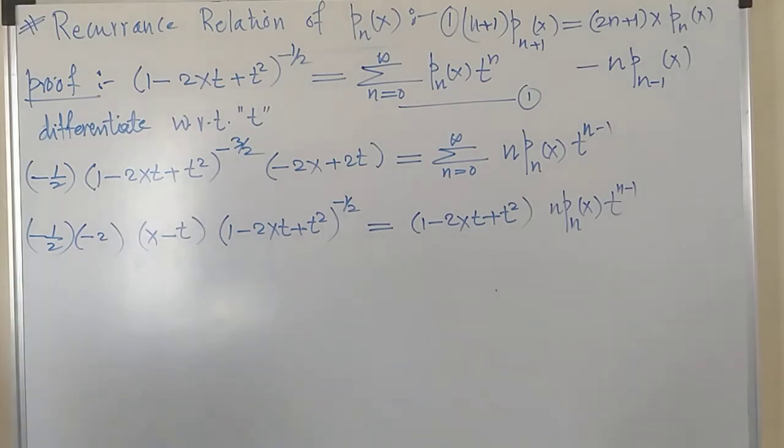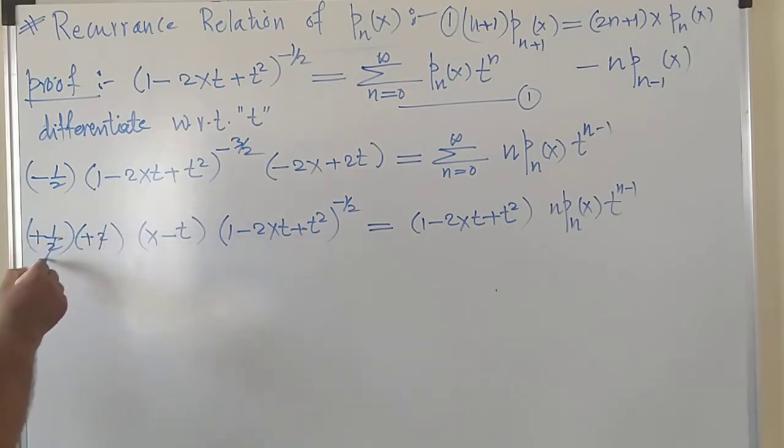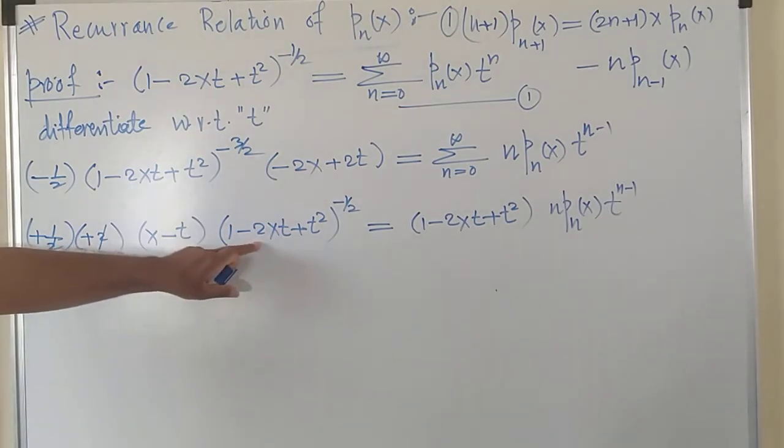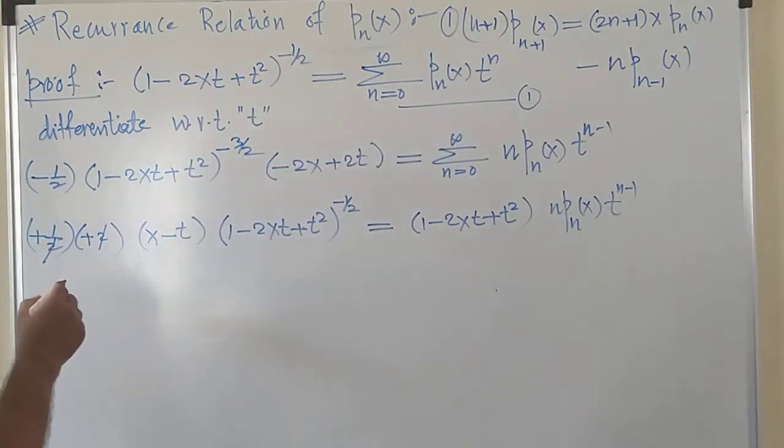Now simplify this. To simplify this, this becomes plus, this gets cancelled with each other, and this is nothing but Pn of x into t raised to n.